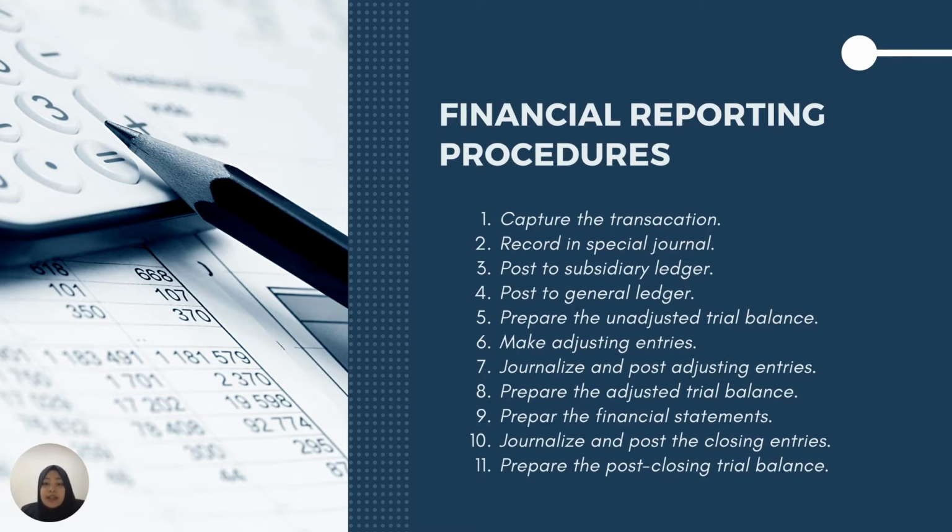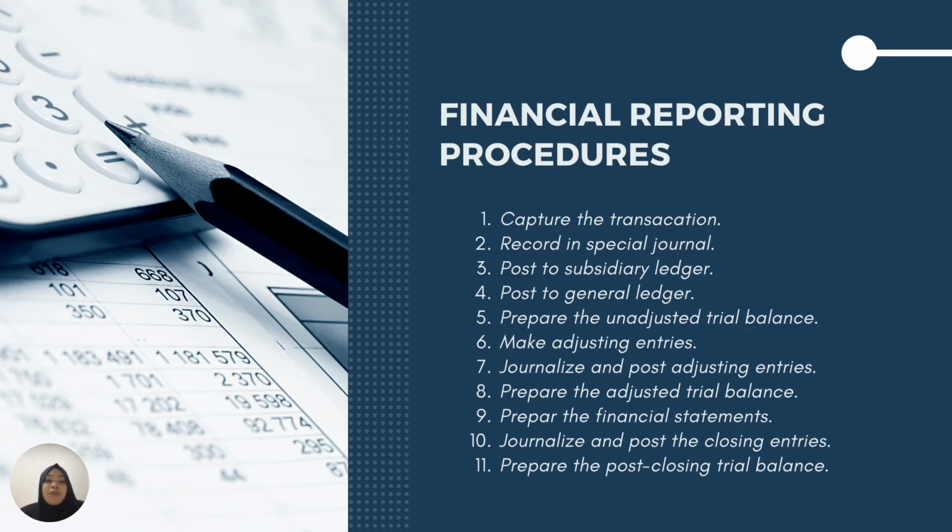So third is to post to subsidiary ledger. The details of each transaction are posted to the affected subsidiary account. Fourth, post to general ledger. So periodically, journal vouchers summarizing the entries made to the special journals and subsidiary ledgers are prepared and posted to the general ledger accounts.